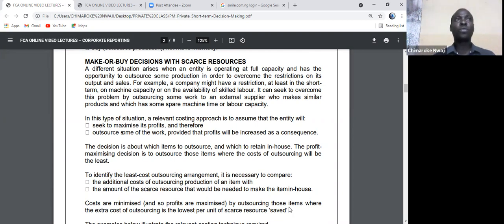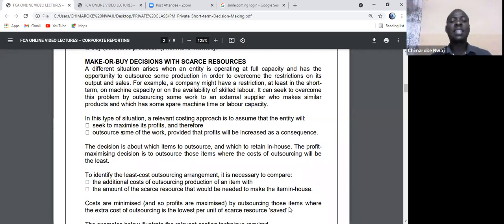So the one that you will pay the most, you rather do it so that you can save the most. If you give out the jobs that you spend the most on, rather than doing it, it means the amount you would have saved, the most amount you would have saved, you spent it. So that's okay. So how do you do this?